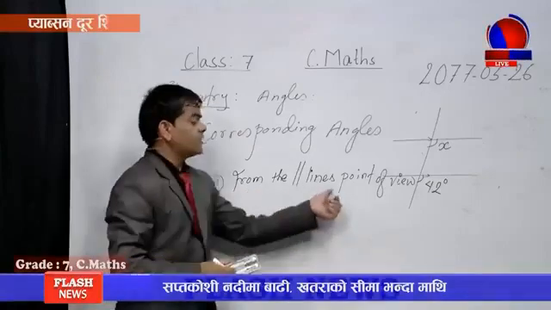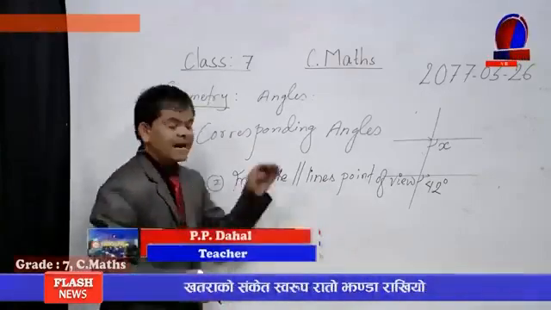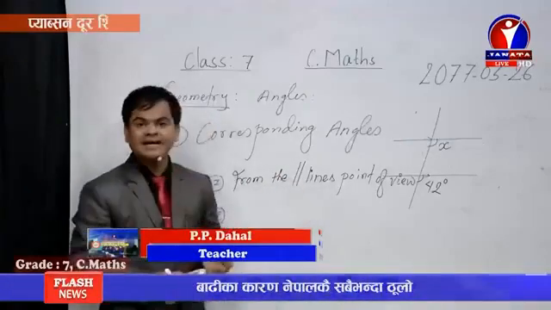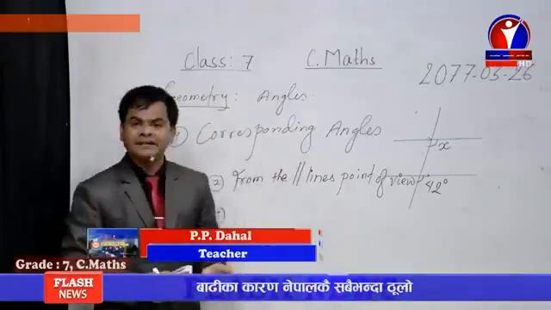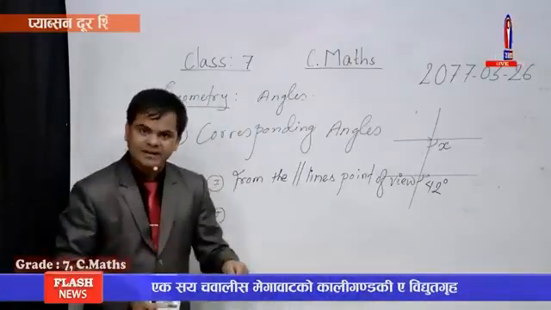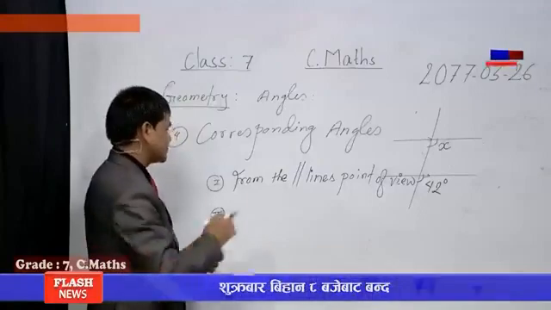From the parallel lines point of view means what? Either they are inside of the parallel line or outside of the parallel line. That concept should be kept in mind in order to find out what type of angles are they, whether they are interior alternate angles or exterior alternate angles or corresponding angles or vertically opposite angles and so on.